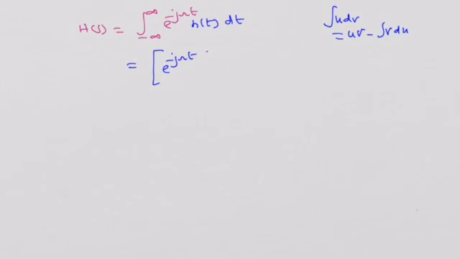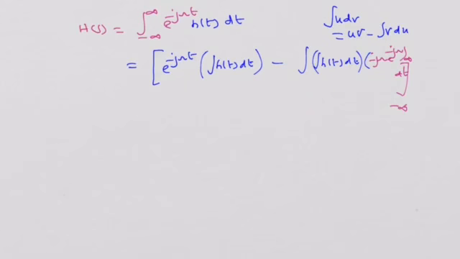What is v? It is simply integral h of t dt, minus integral v du. V is integral h of t dt. Du is simply minus j omega into e power minus j omega t dt, right? So the limits of integration are minus infinity to plus infinity.